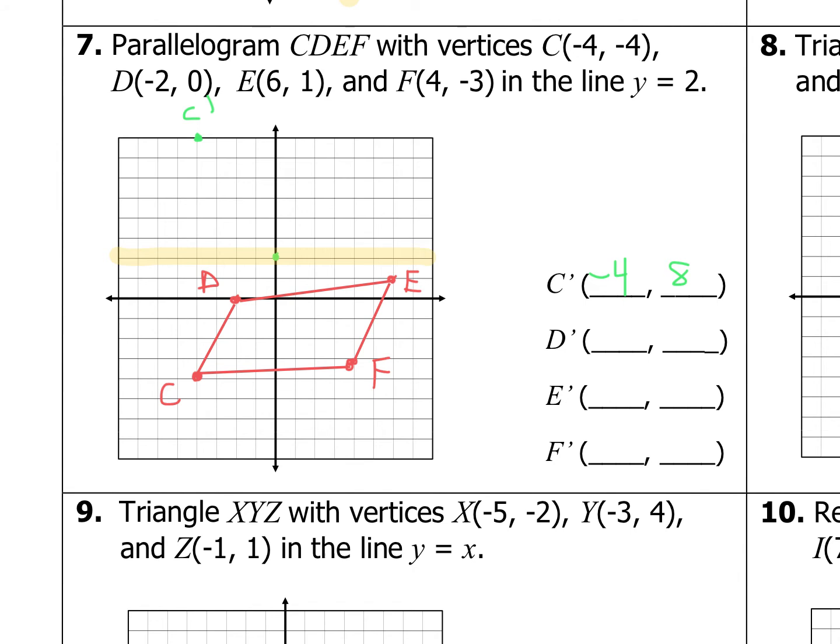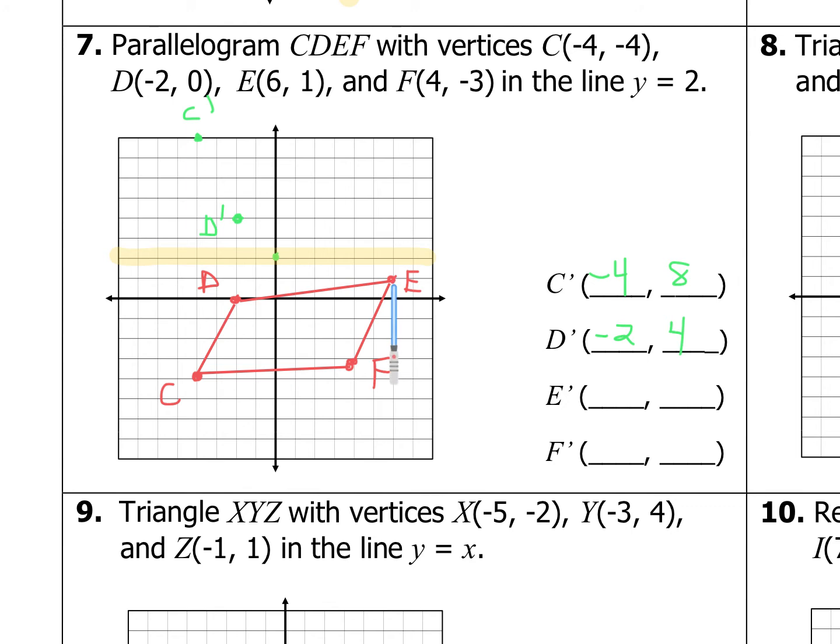And then for our D here is 2 units away, so 2 units on the other side would put us here. So that's our D prime. And to identify that ordered pair would be left 2, up 4. So left 2, up 4, so negative 2, positive 4.